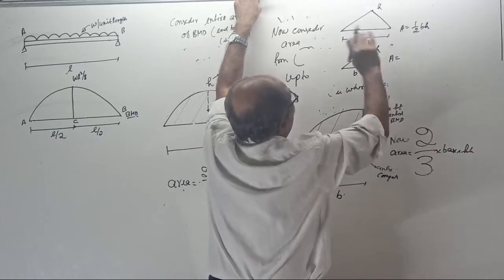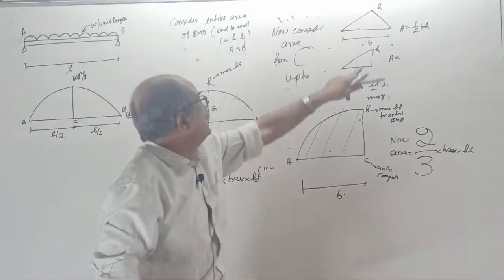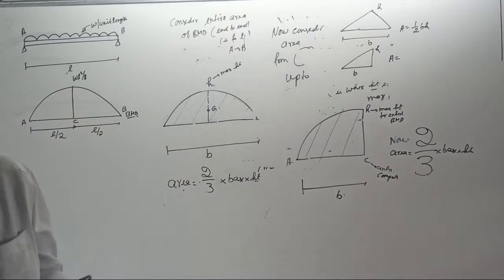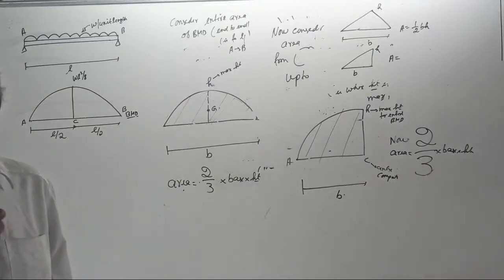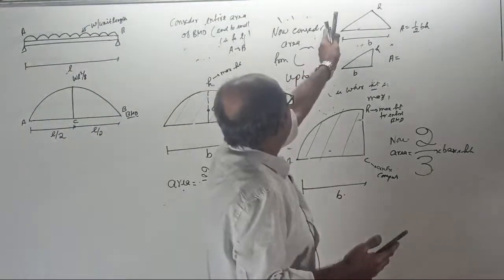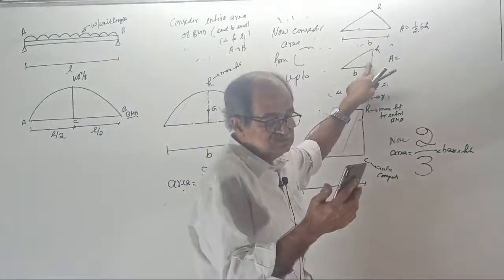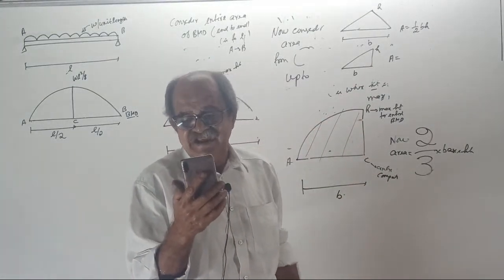Tell me what is the area? For the full triangle, half into base into height. First, those who typed 1/3 earlier, that is a mistake.